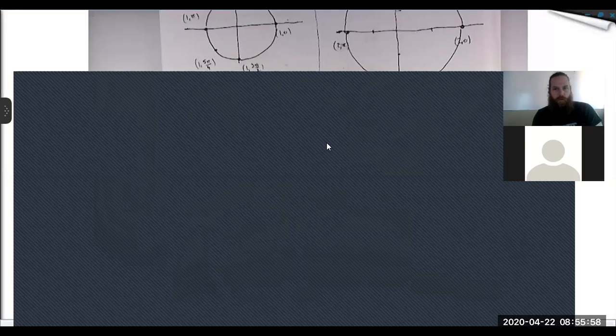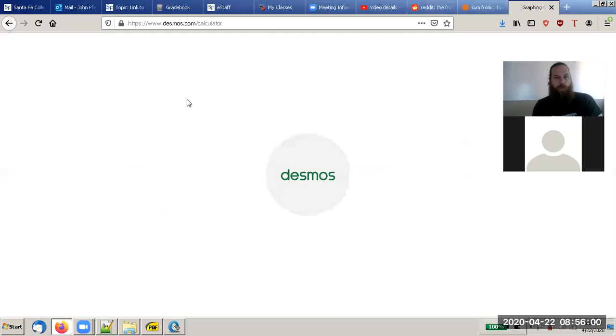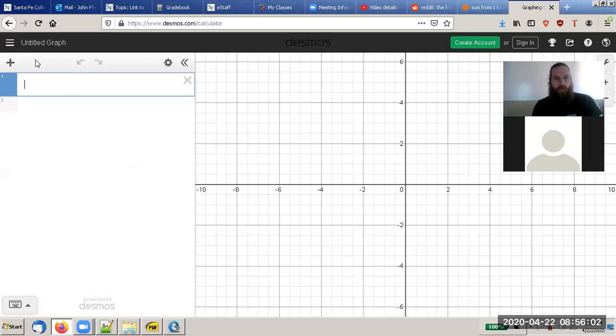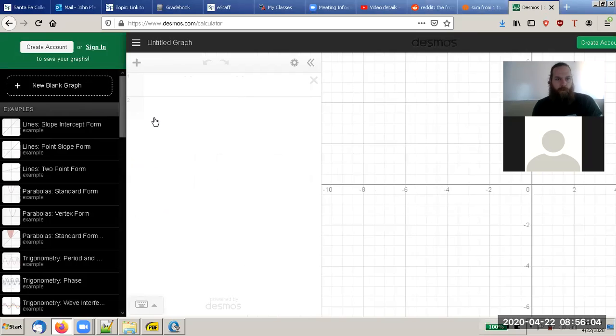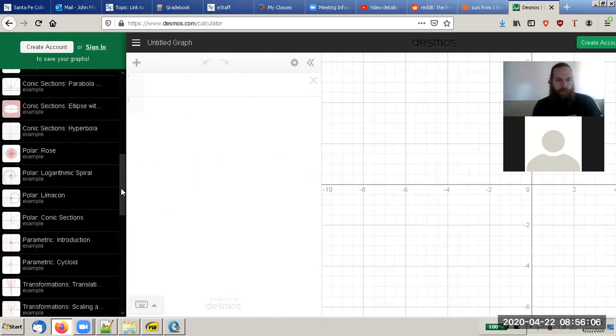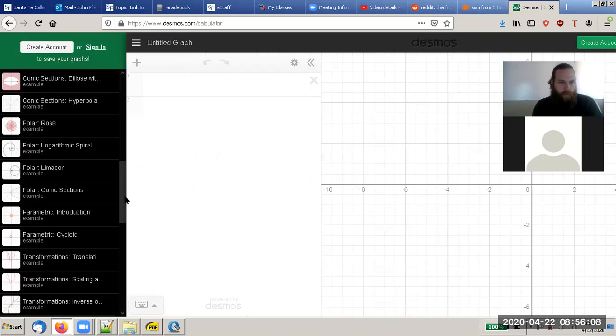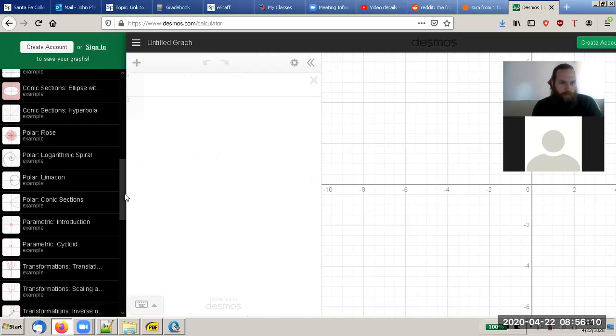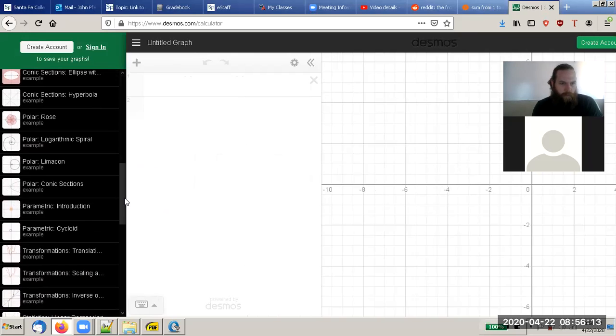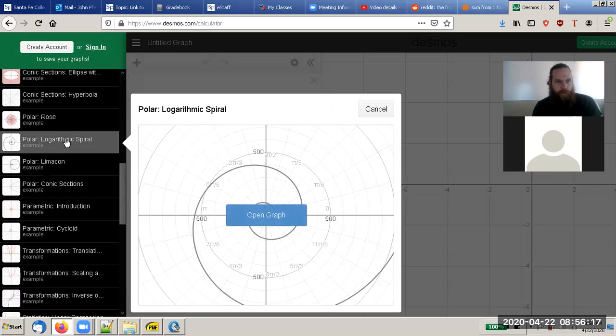So let me share full screen. Desmos will graph things in polar coordinates. If you come over here and scroll down, conics, polar roses, polar conics, polar limaçon, polar logarithmic spiral. We can start with this. Why not?